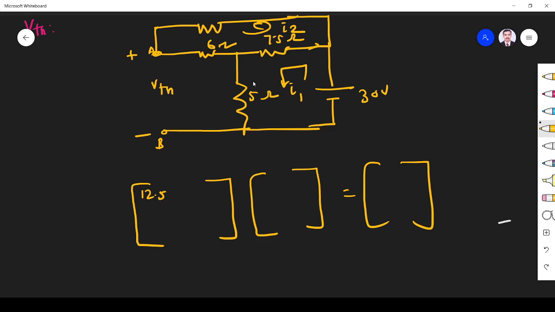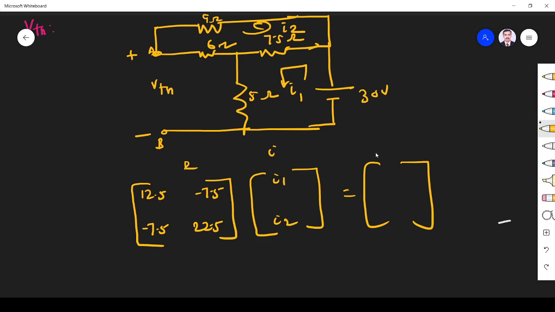So here the total resistance is 5 plus 7.5, 12.5. Common is 7.5, so it is minus 7.5. Here the total resistance is 9 ohm. So 9 plus 6 is 15, plus 7.5 is 22.5, right? So here the current flowing through is I1, here I2.